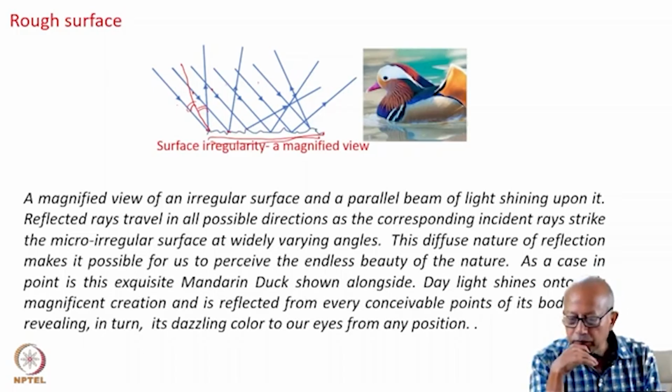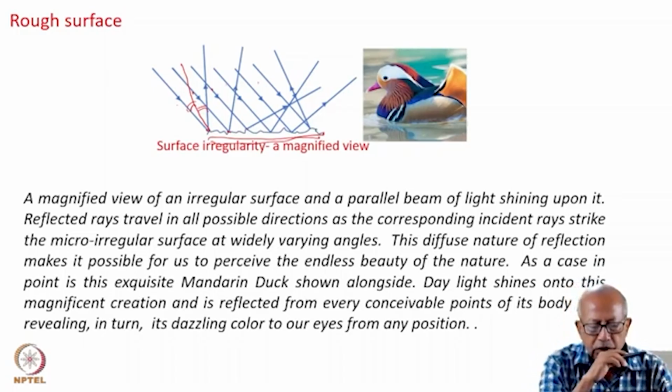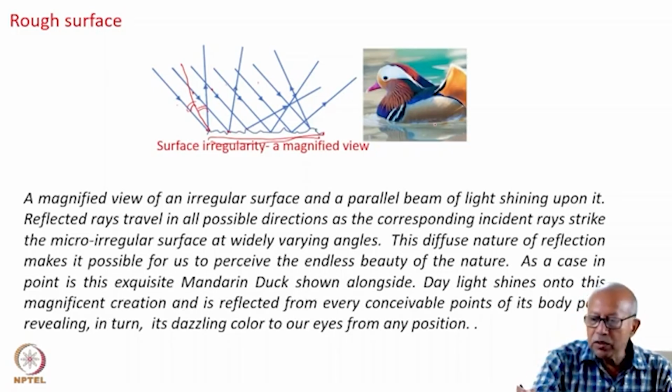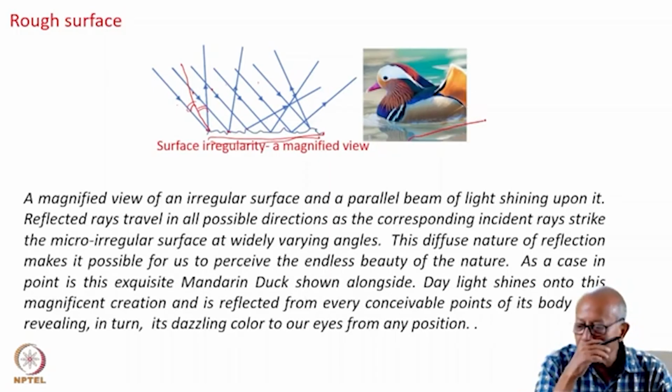non-specular reflection. This diffuse nature of reflection makes it possible for us to perceive the endless beauty of nature. A case in point is this exquisite Mandarin duck shown alongside.